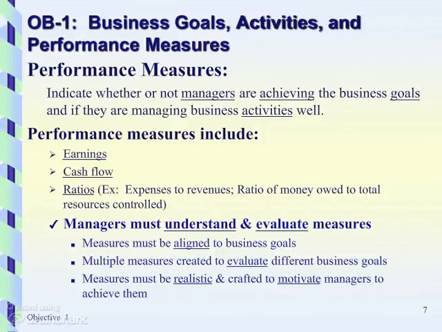Lastly, they also want to make sure that they have established goals that help them to determine whether improvements need to be made. So they might be achieving a goal, but they might also decide that the goal is too low. Maybe they could be doing better. Those are things that the measures will help them to determine.